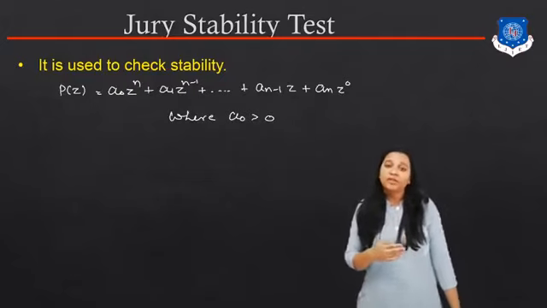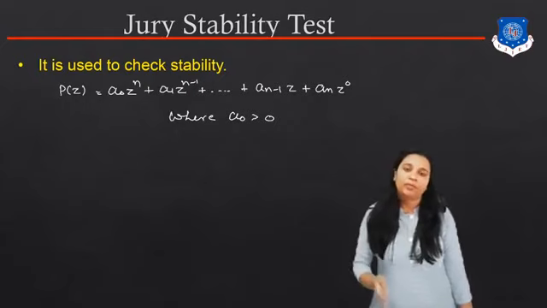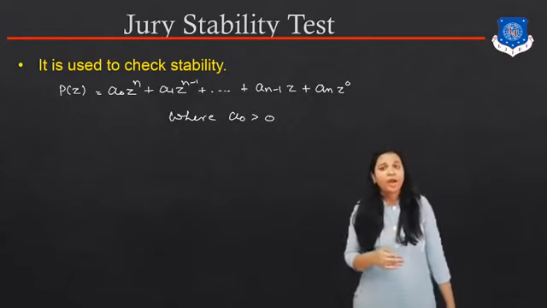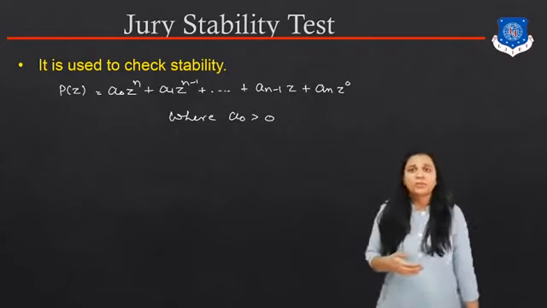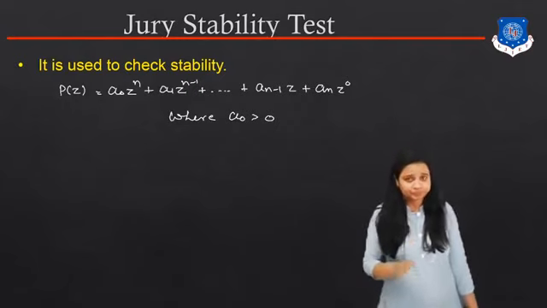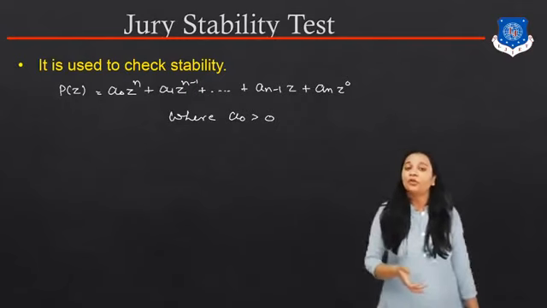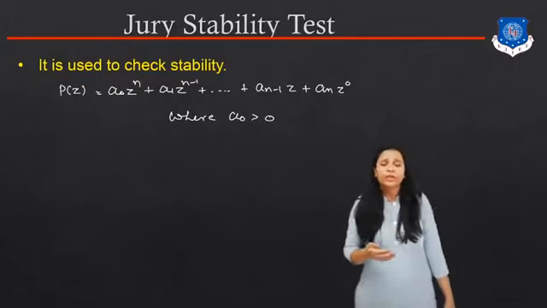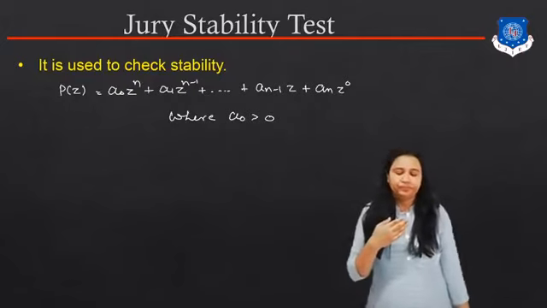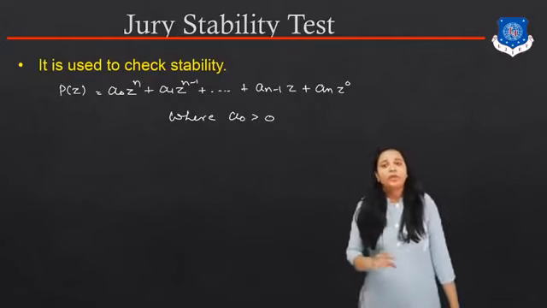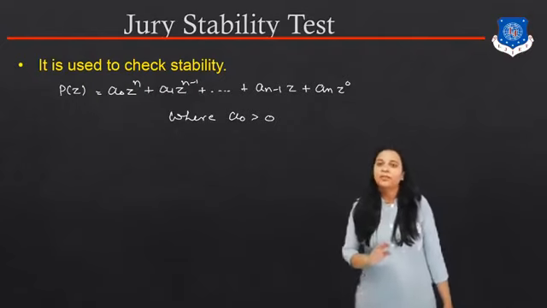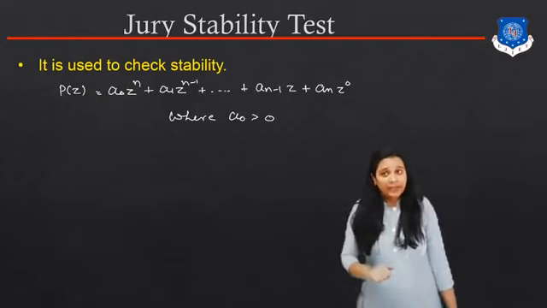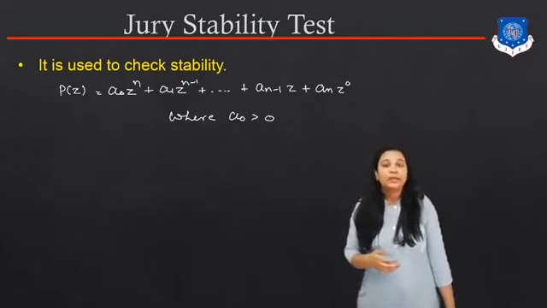We can justify whether this type of system is stable or unstable. Now, in some plants or systems, it is not necessary to find the value of the roots, the poles or the zeros. We only need to check the stability of the system. For that type of plant we use the Jury stability test.